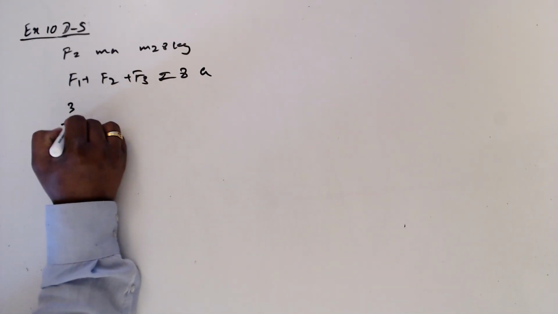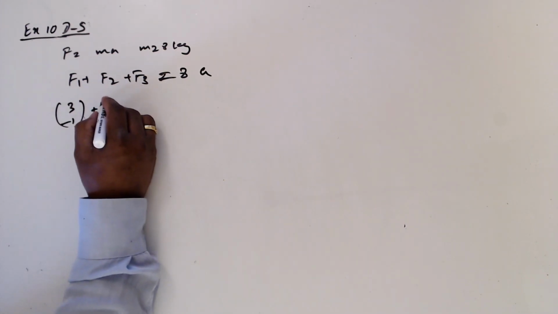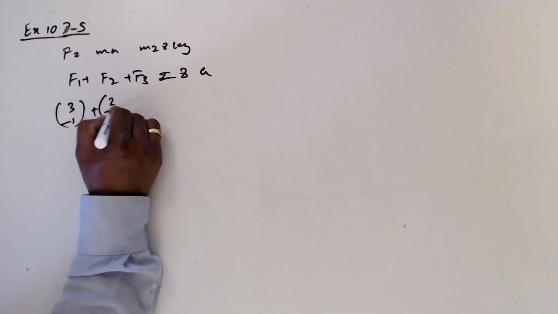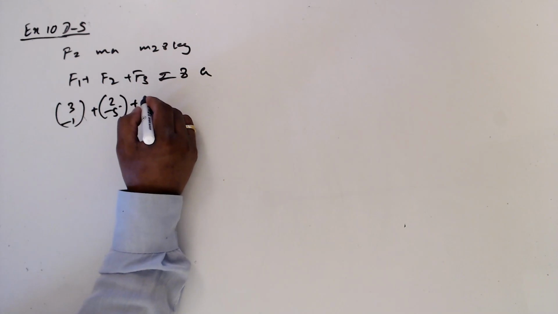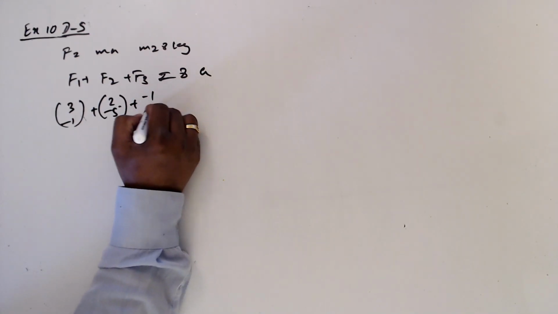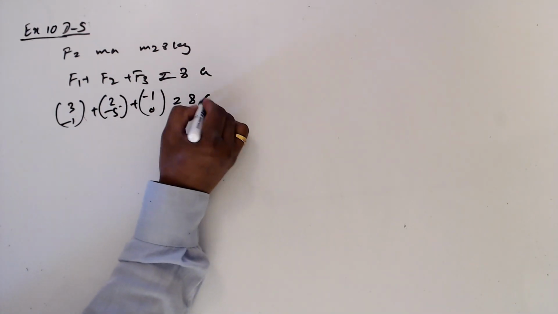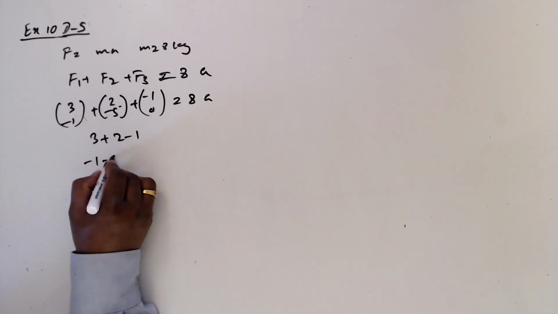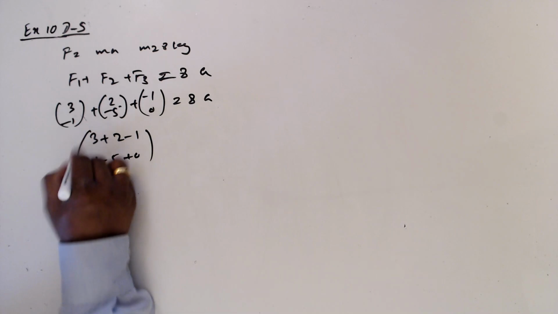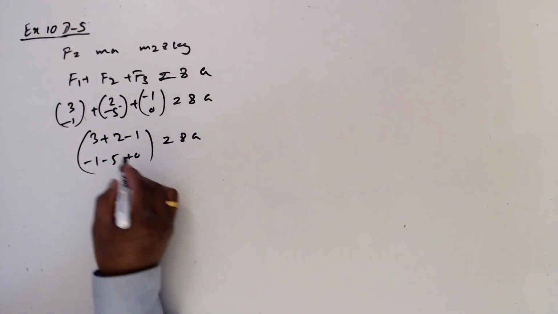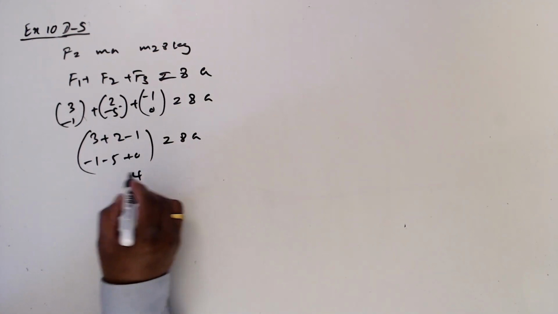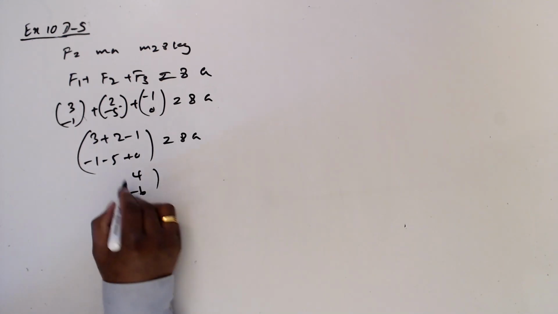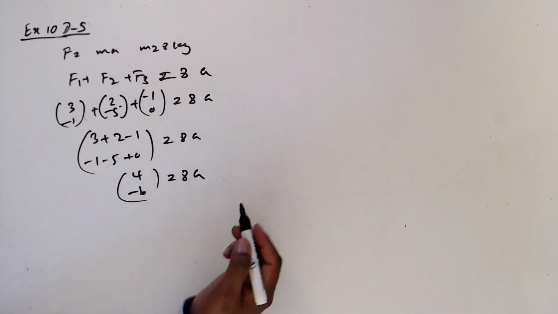That is 3 minus 1 plus 2 minus 5 plus minus 1, 0 equals 8a. So 3 plus 2 minus 1 minus 1 minus 5, 0 equals 8a. So this is going to be 4 and this is going to be minus 6 equals 8a.